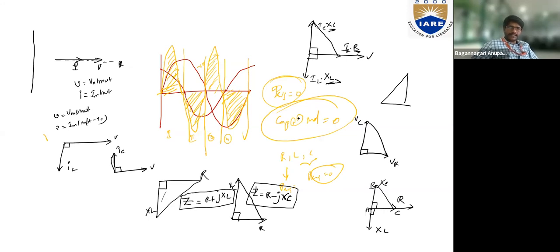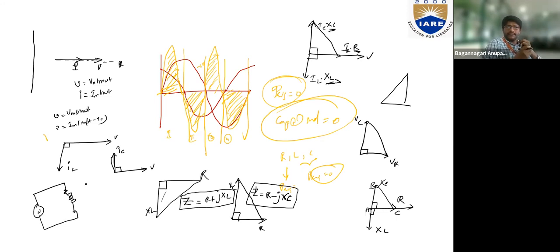Suppose I have a source and a practical inductor with some internal resistance. We know that every coil has its own internal resistance. After all, what is an inductor? It is just a wound conductor, a conductor wound to form an inductor.